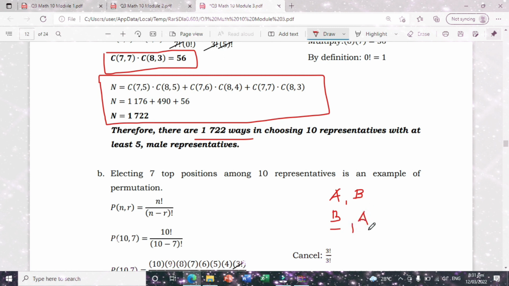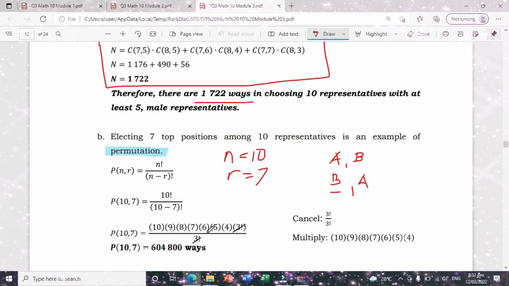Iba yung meaning. So, in other words, order is important. So, dito, since order is important, this is an example of permutation. So, out of 10, 7 yung mai-elect. So, ang N natin dito equals 10, while R equals 7.